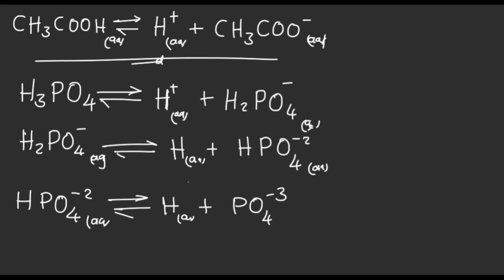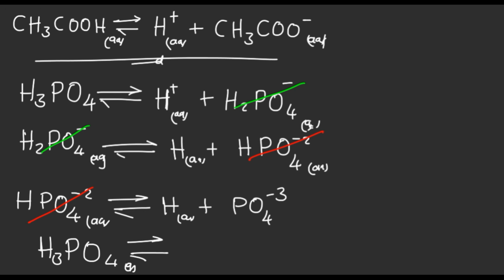Then can we find the net equation? Yes, we can. So let's cancel. I can cancel this one, I cancel this one, then I cancel this, I cancel this. From this side we can see that we only have this part. So is what I'm going to write here. H3PO4 aqueous.